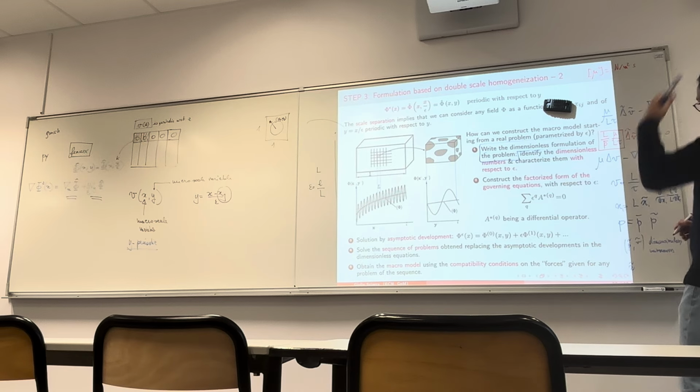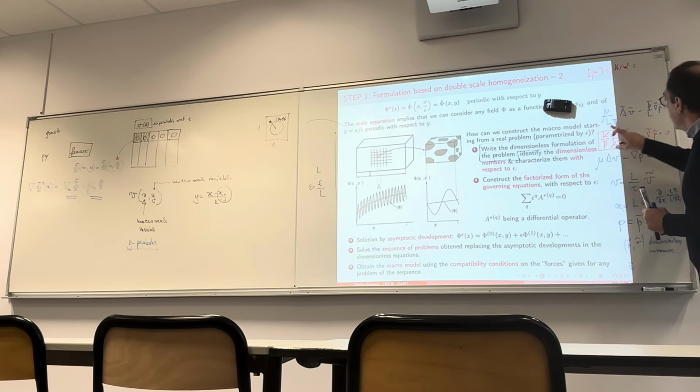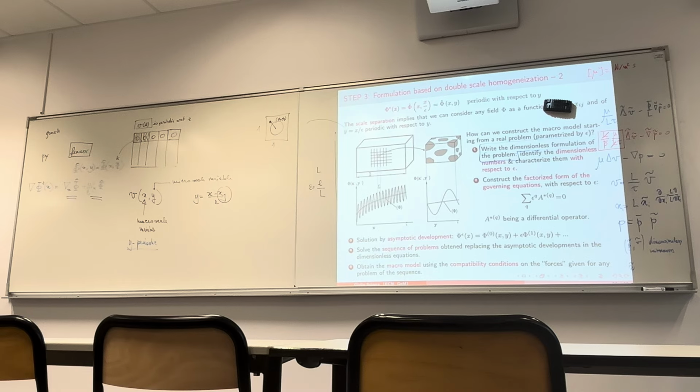P bar is Newton by square meters, so you have Newton by square meter times second at the numerator and at the denominator, and so this ratio is dimensionless. Okay, so this is a dimensionless number. So what we got is that the first equation of our Stokes problem depends on this dimensionless number. Okay, because here you have 1.